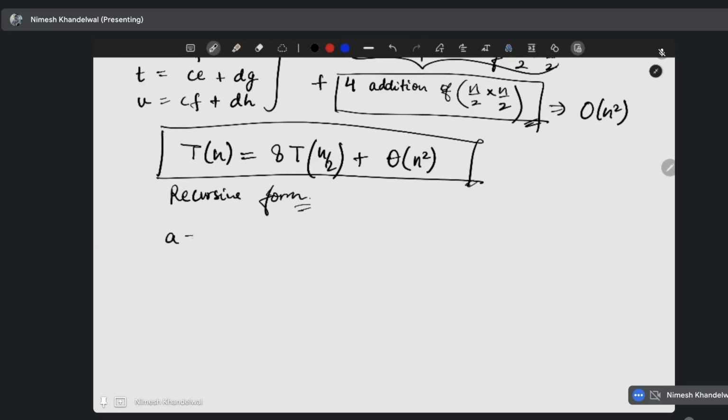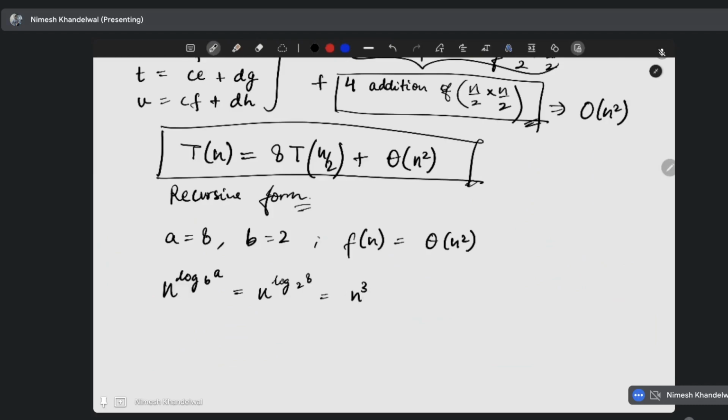So a is 8, b is 2, and f(n) we know will be of the order of n squared, and that is what is important. So n to the power log a base b is n cubed and f(n) is n squared.